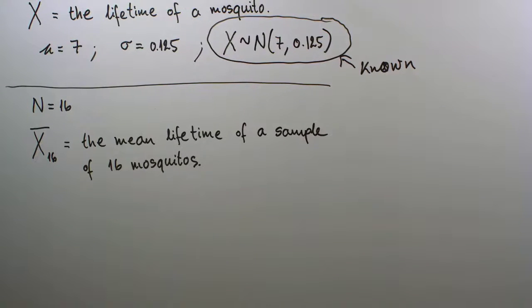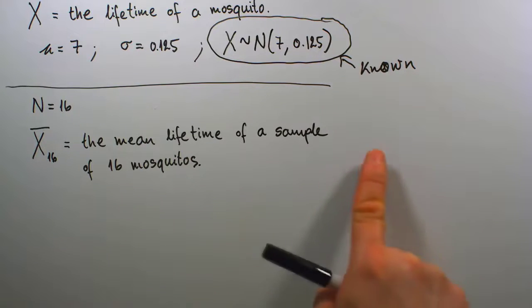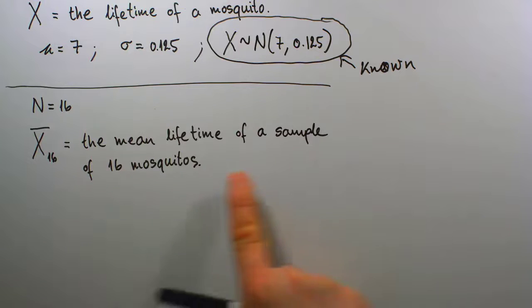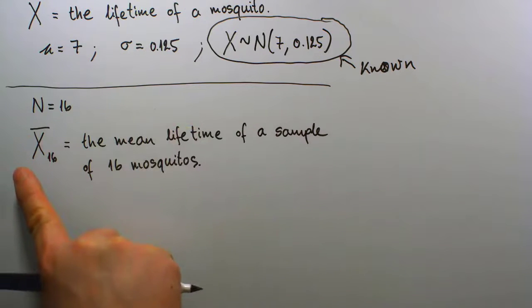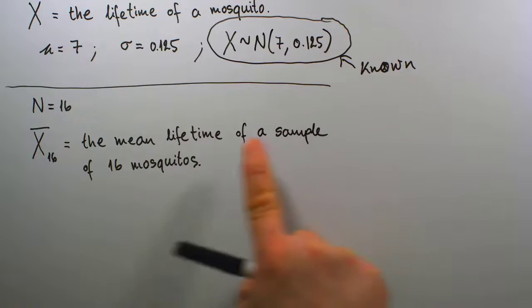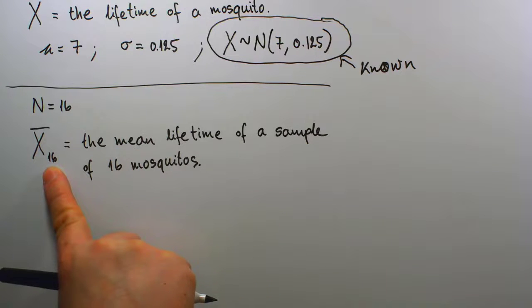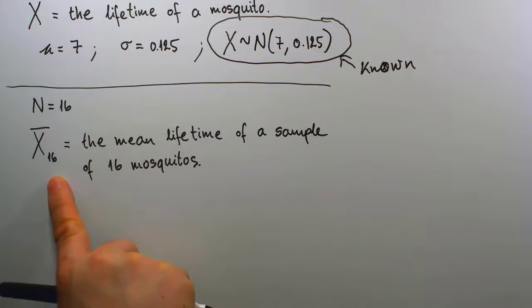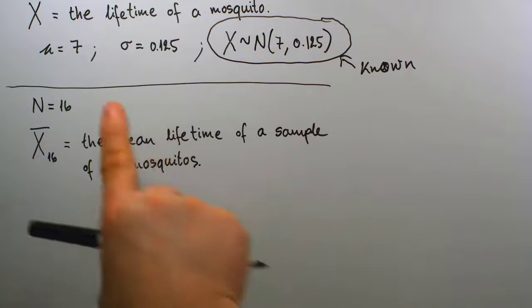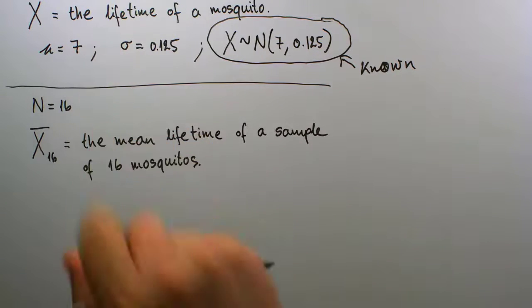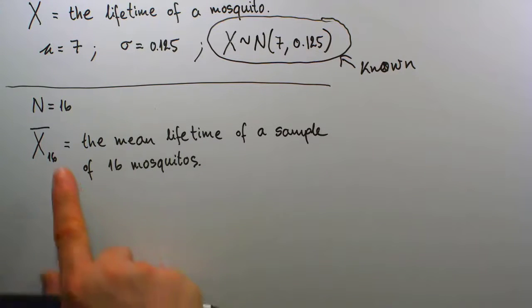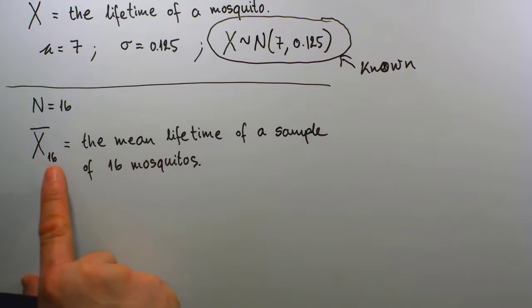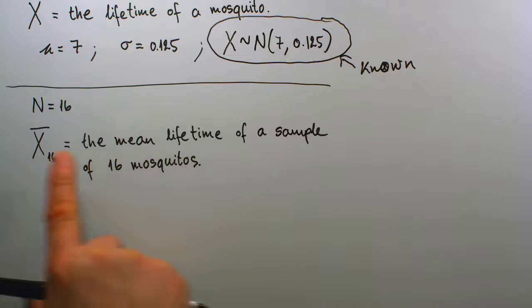Once we define that random variable, we must further realize that it represents an entire population of sample mean values, where each sample is of 16 mosquitoes, and any sample in this population is collected from that beginning population. Because of that, we can have infinitely many different values for these sample means.